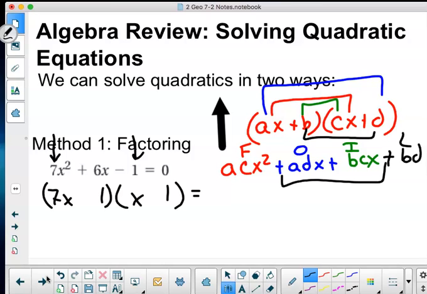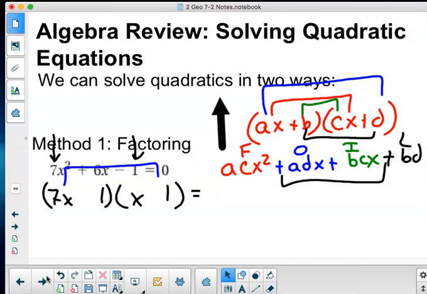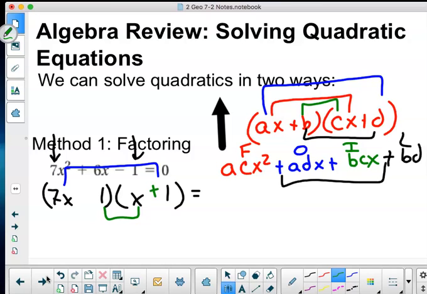Now I've got to multiply my outside and inside terms: outside 7 times 1, and inside 1 times x. How do 7 and 1 become 6? If one is negative and the other positive, it would be a positive 6. So this would have to be a positive 1, and that would have to be a negative 1 for us to make this work.